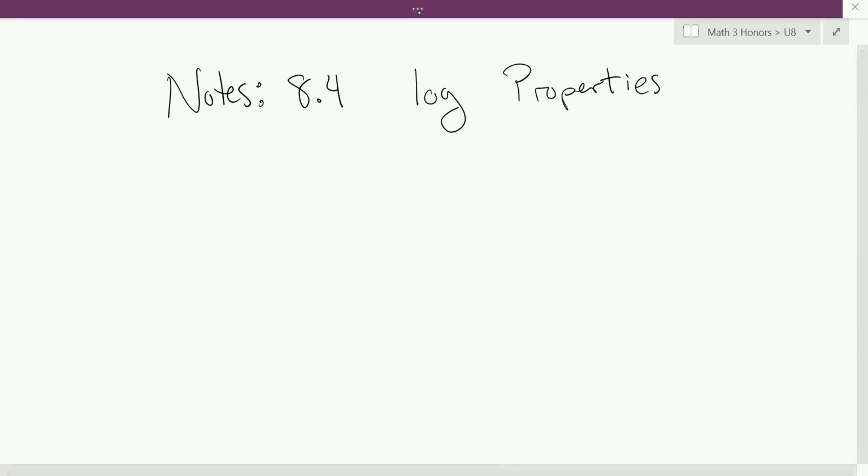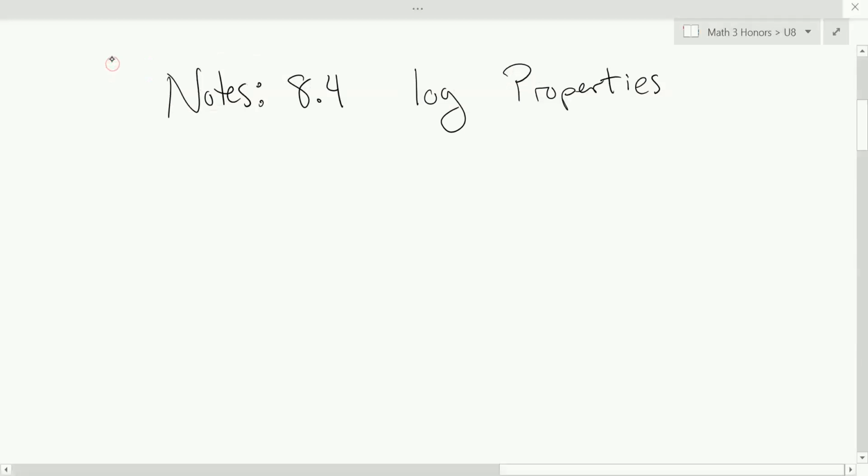So let's first make a couple definitions here. I got to make sure I do it in a nice way for you, so it doesn't cause any confusion.